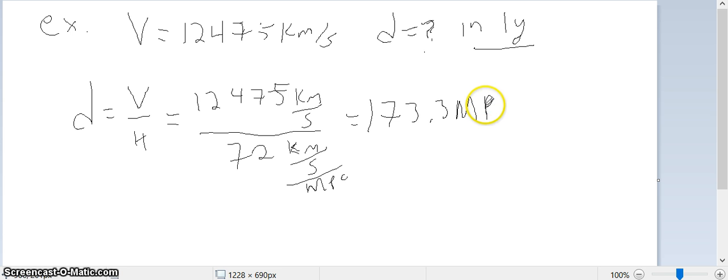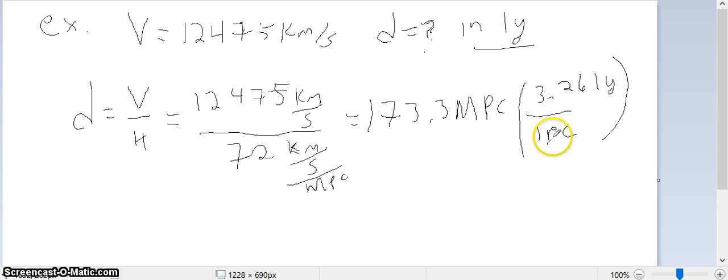It's fine that you get megaparsecs, but for that to be a more useful answer, we want this to be in light years. So we're going to take the parsecs part of this answer and say, well, in 1 parsec there is 3.26 light years.